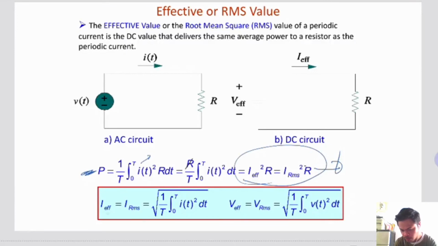For the effective or RMS value of current, from this formula, we have the square root of the integral of the current in the time domain, the same for voltage and power.